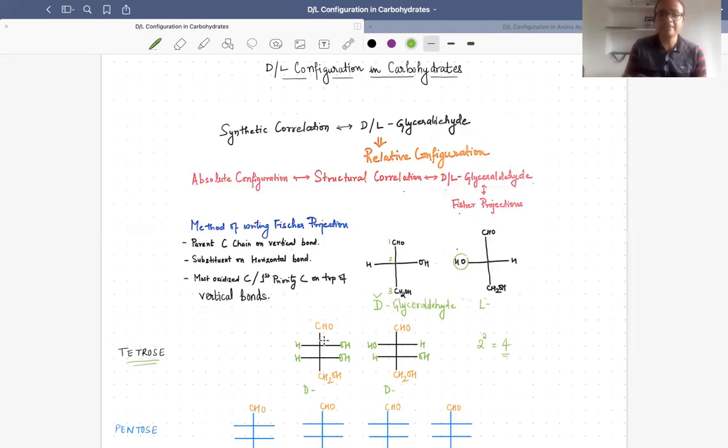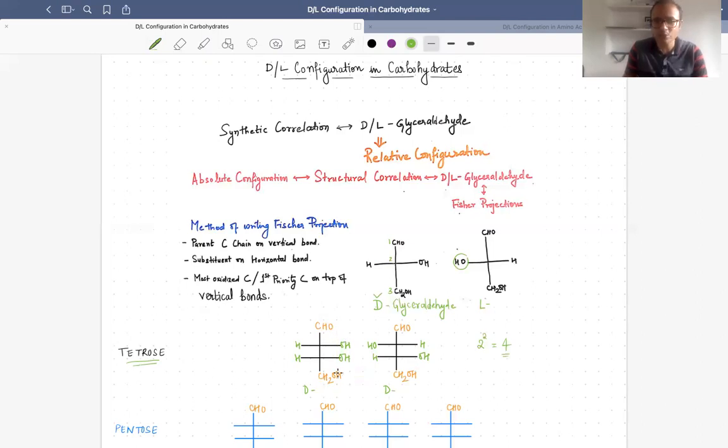So what you see here is that in one case you have 2 similar groups on the same side, and in the other case the similar groups are on the opposite sides of the Fischer projection formula. If you remember, you might have learned about erythro and threo. That nomenclature is coming from this sugar representation, the tetrose sugar.